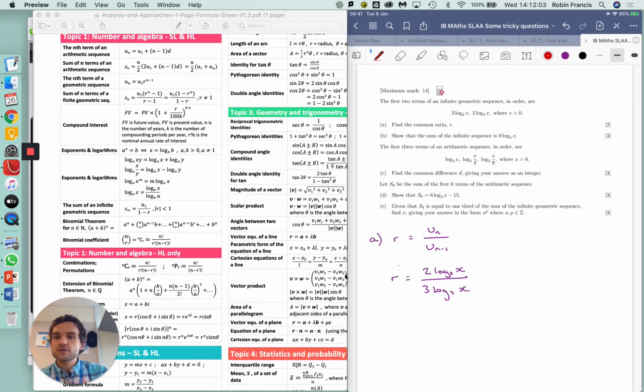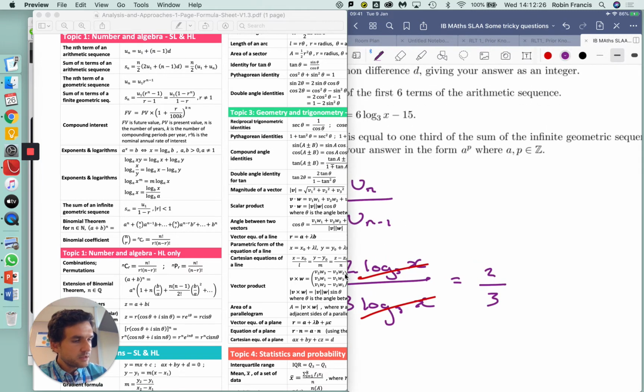So I have a fraction with the same thing top and bottom, numerator and denominator, which means they can cancel out. It has no effect on the number, which means my R value, the common ratio that I've found, is equal to 2/3. So that's my answer for part A.